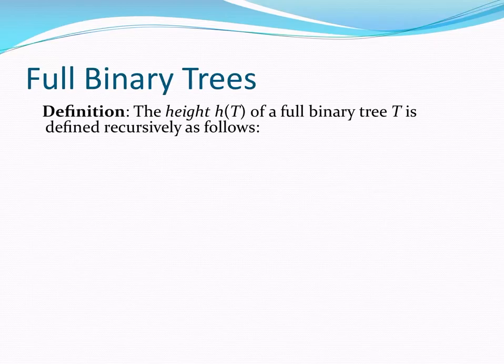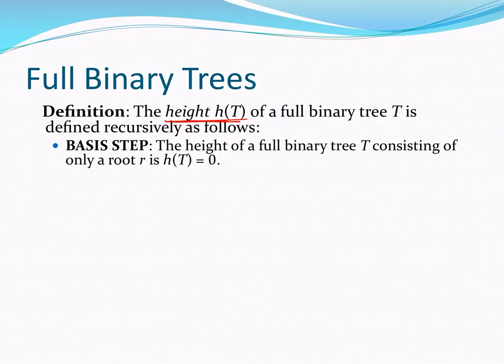All right, so we've got some functions that we can define for full binary trees, and they're defined recursively as well. We'll talk about the height of a full binary tree. It's defined recursively this way. The height of a full binary tree consisting just of a root is 0.